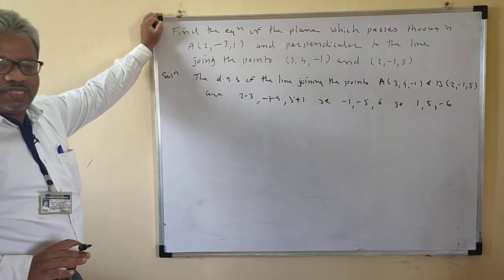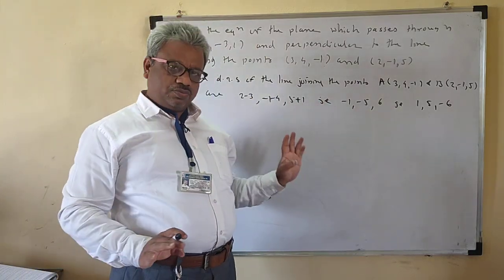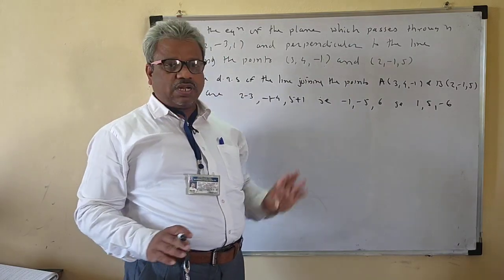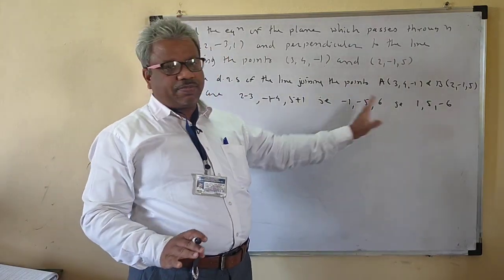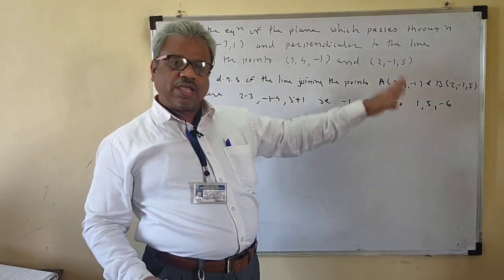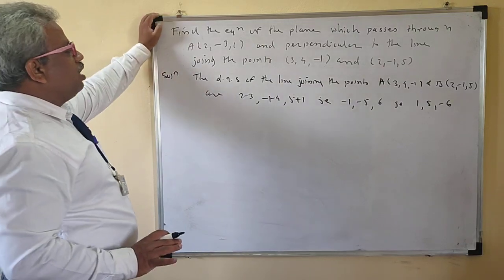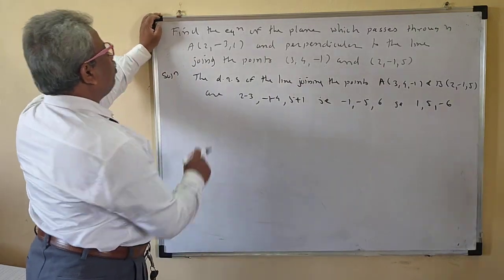I can multiply by a fixed number, even by 2 also, or by minus 1 or minus 2. It doesn't matter, your DCs and DRs will be the same.